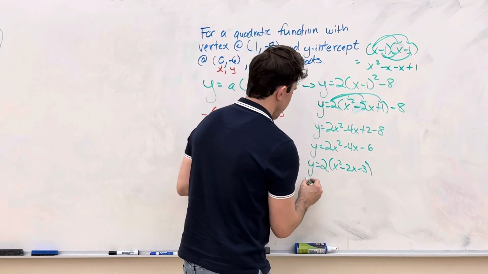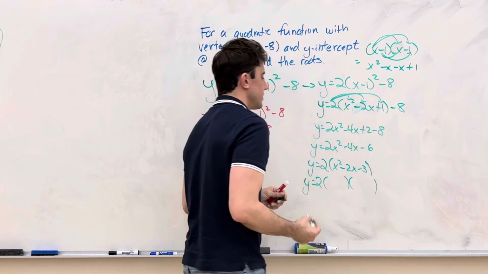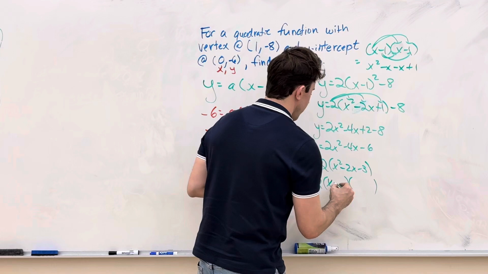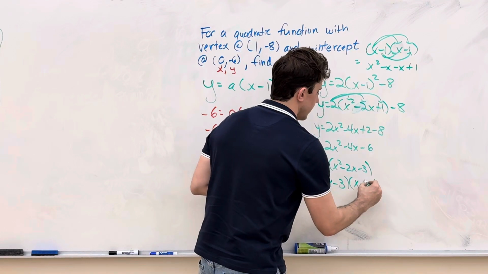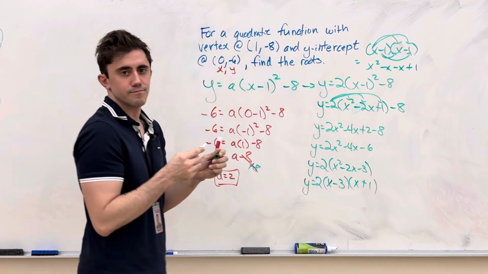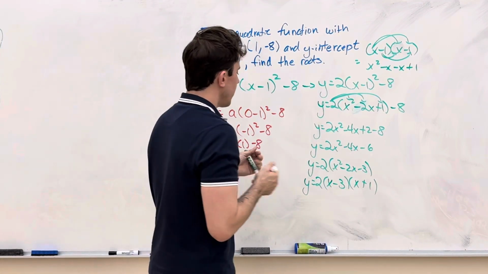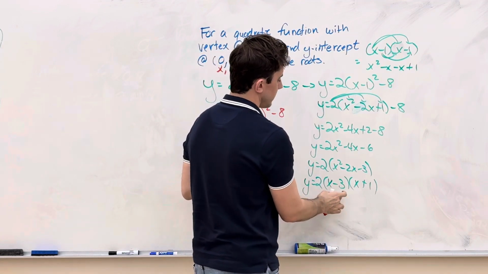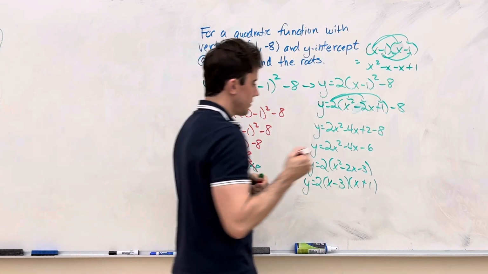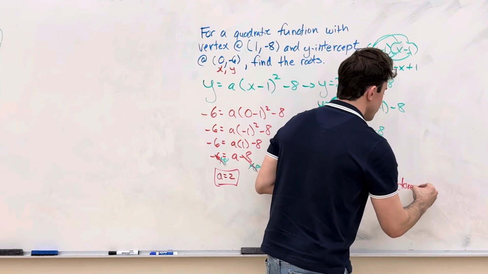You might find those numbers jump out at you, and they turn out to be -3 and +1, and so we can factor as (x minus 3) and (x plus 1), -3 and +1 being the two numbers that satisfy the two conditions above. And so now we have y is equal to 2 times (x minus 3) times (x plus 1) as our equation in factored form, right? We call this factored form.